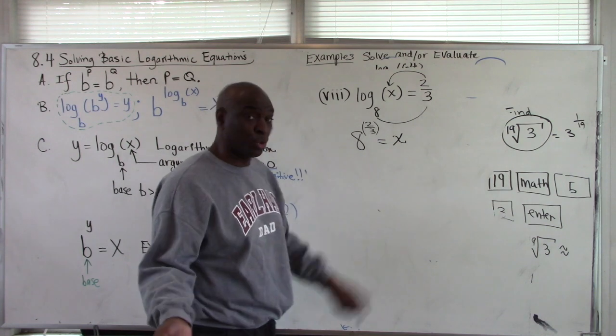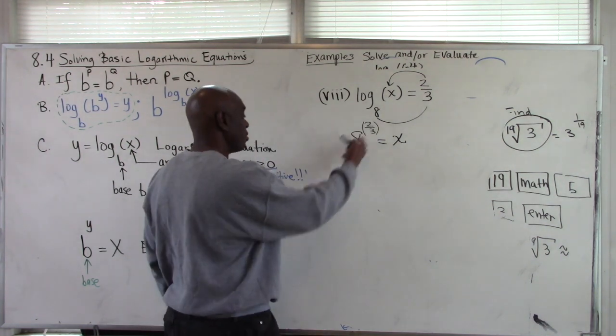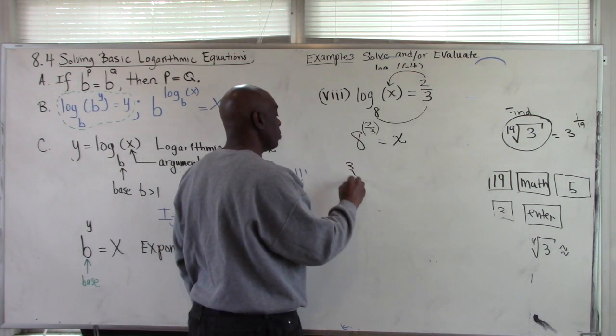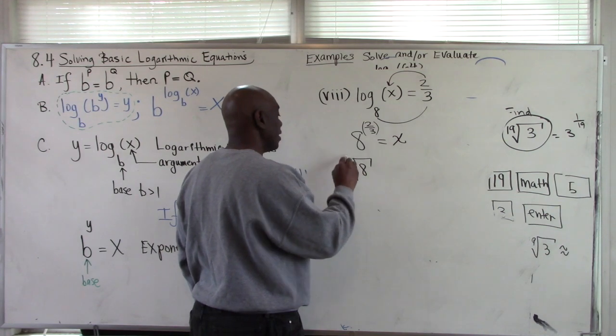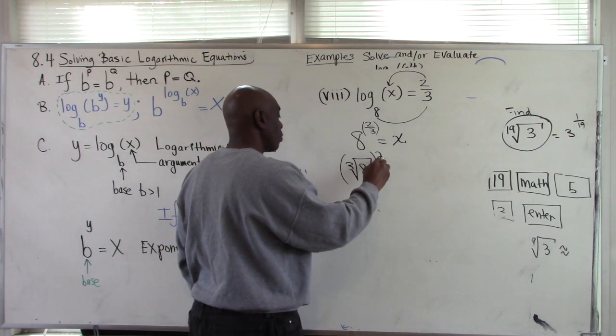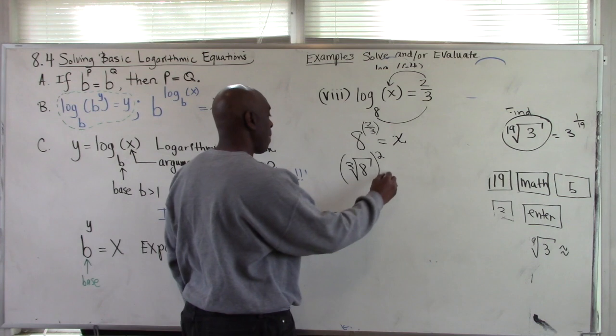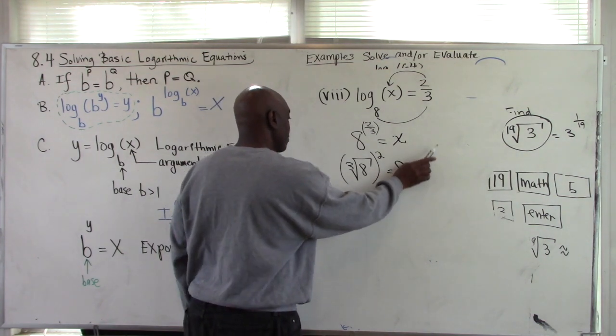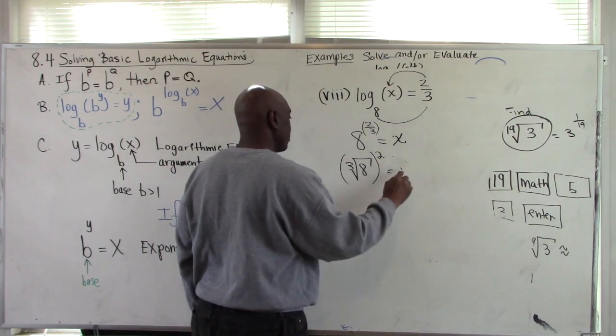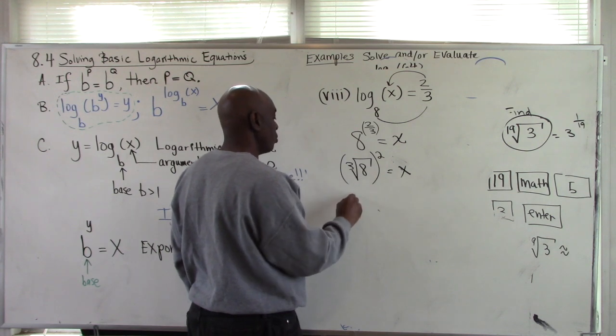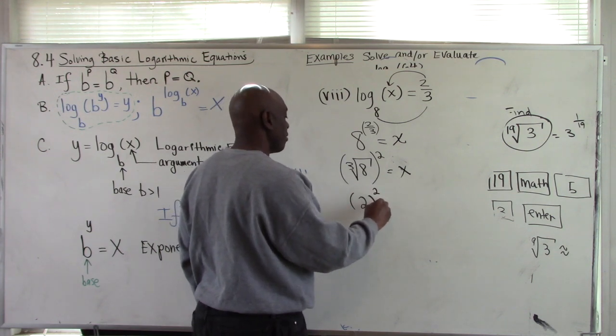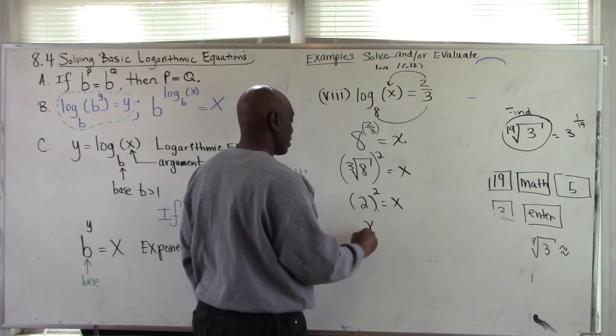Or you can go old school without a calculator and say that 8 to the 2/3 is the same as the cube root of 8, and this quantity is squared, equals x. The cube root of 8 is 2. 2 squared is x, so x has to be 4.